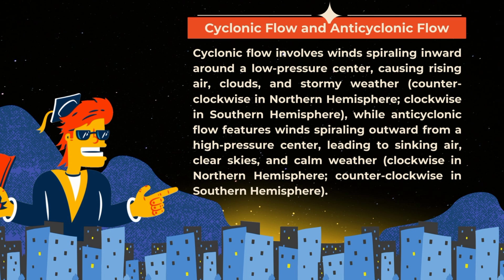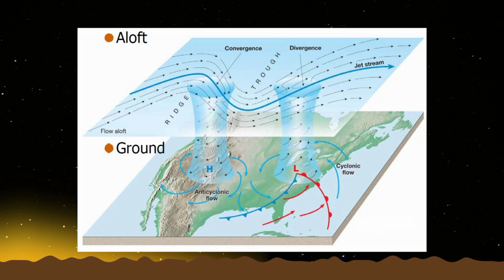So again, anticyclonic flow features winds spiraling outward from a high pressure center, leading to sinking air, which means a clear sky, calm weather, and sunny weather.